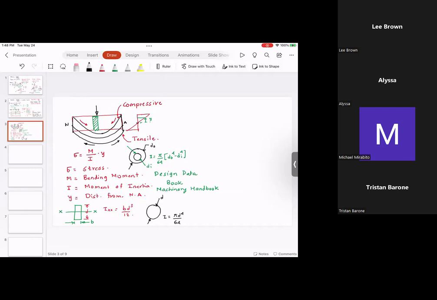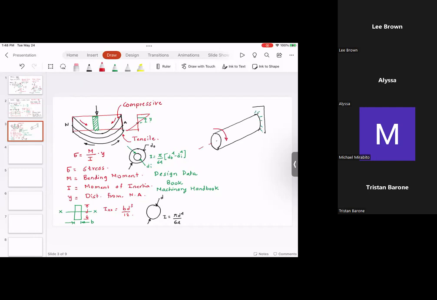Now, the next concept that we talk about is the concept of torsion. Consider that this is a shaft, and instead of bending, we are twisting it. What is the difference between bending and twisting?